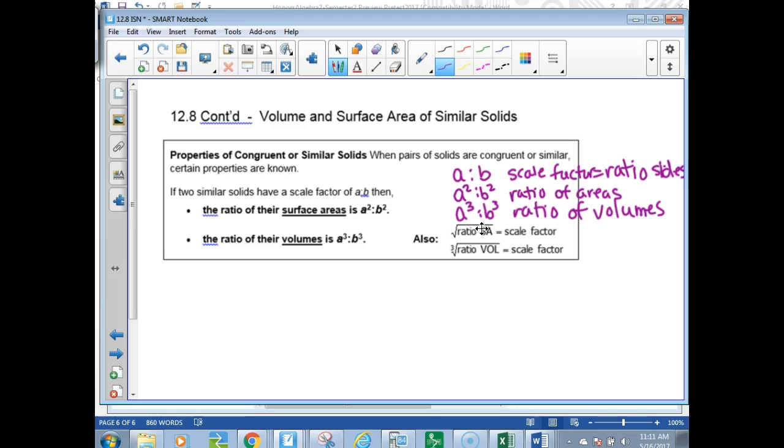Now, if you know the surface areas ratio, you take the square root of it and you get the scale factor. The only thing we're adding on today is, if you've been given the ratio of their volumes, you uncube it, which is called taking the cube root, and go back to the scale factor. I will show you on the calculator how to do it.